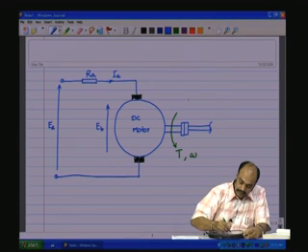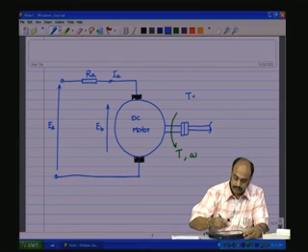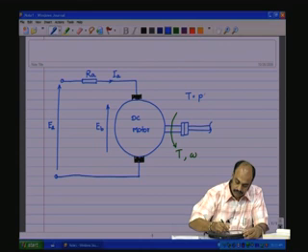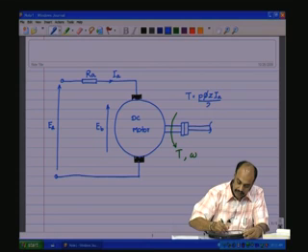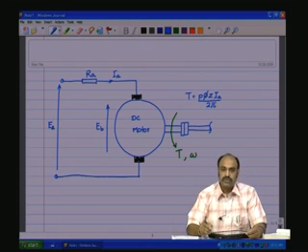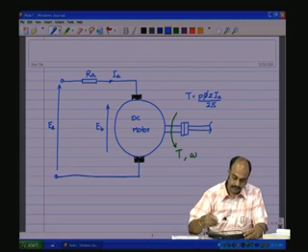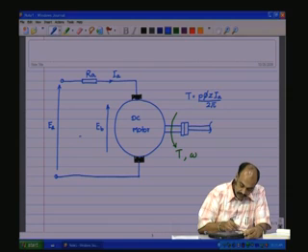Now, the torque here, we saw, is given by P phi Z IA by 2 pi. This we saw in the last session, and we know that the induced EMF is P N phi Z by 60.